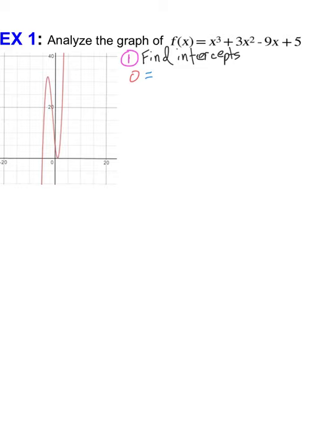My original function, if I put it into factored form, you don't know how to factor this. It's not one that you're comfortable with or familiar with. If I use grouping, it doesn't work. So I did go and look at my calculator and look at where it's crossing.